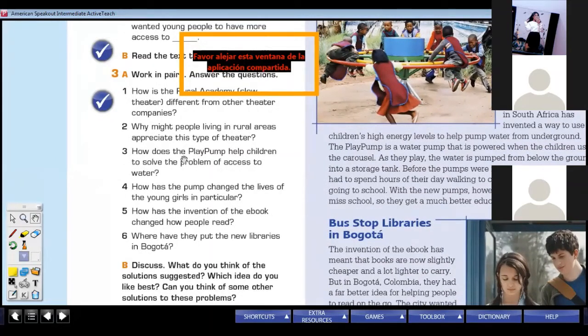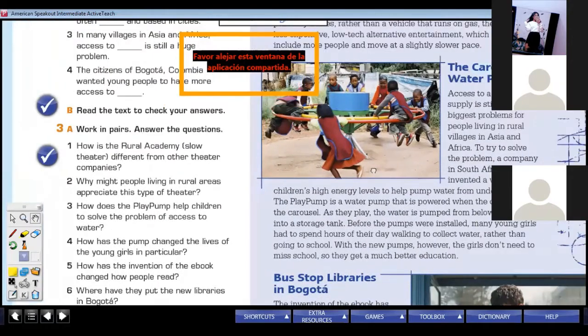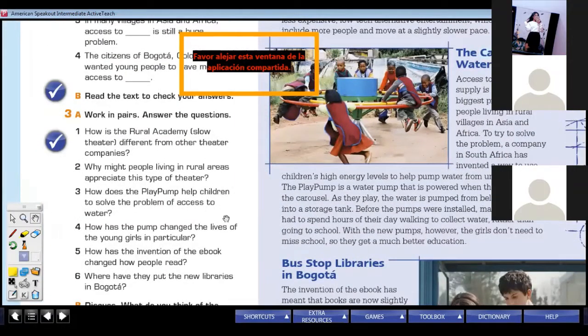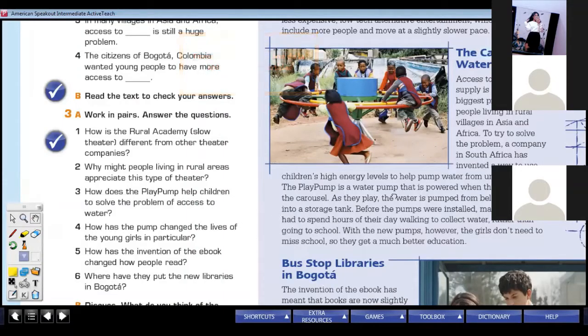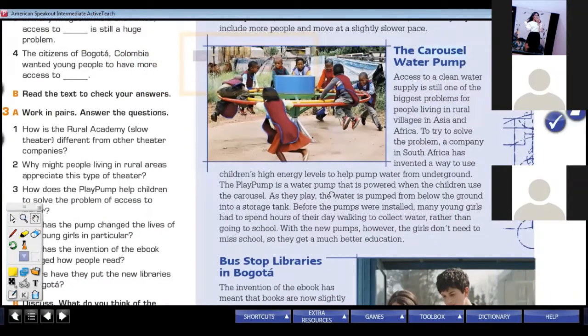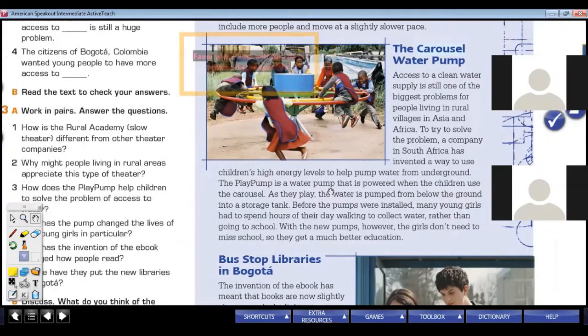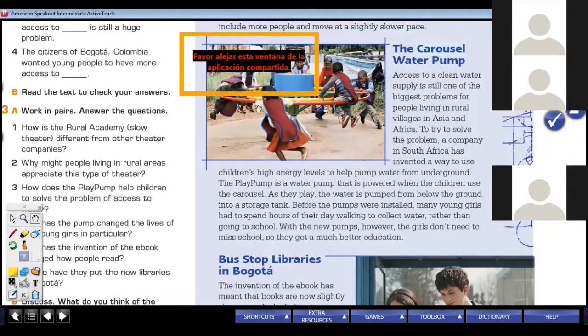How about number 3? How does the play pump help children to solve the problem of access to water? With the carousel, right? So they invented, because this is not a normal carousel.